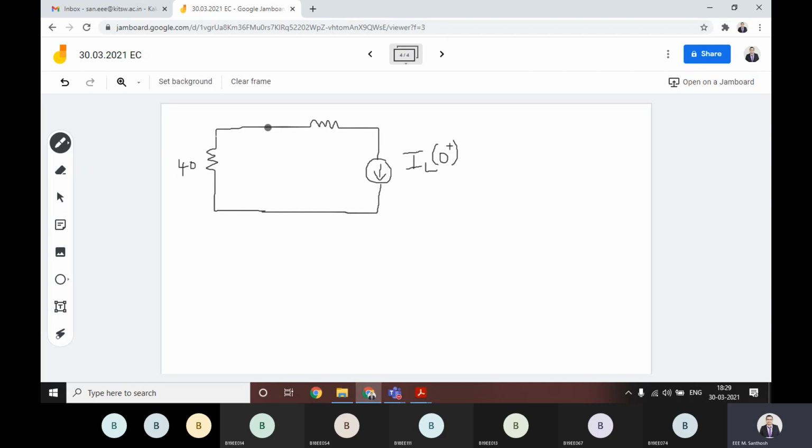That means here, suppose the switch is open, then there is a voltage source, okay. Here the voltage, previously 0 minus, now it is 0 plus. And can anyone tell us what is the value of V0 plus?